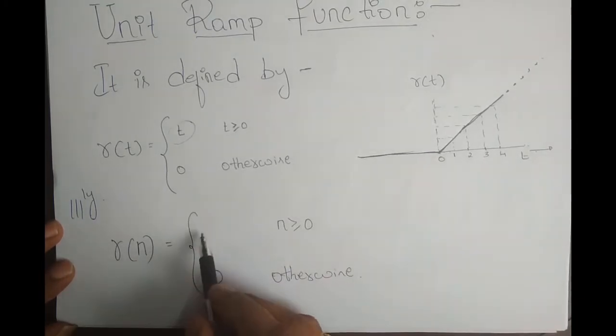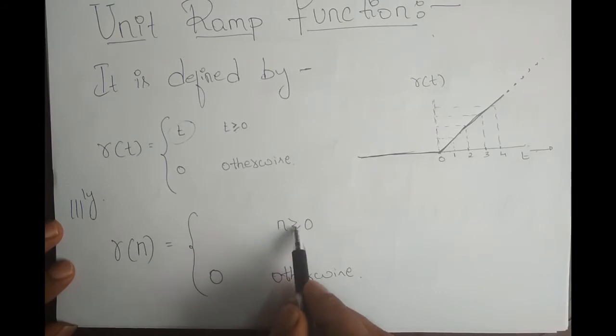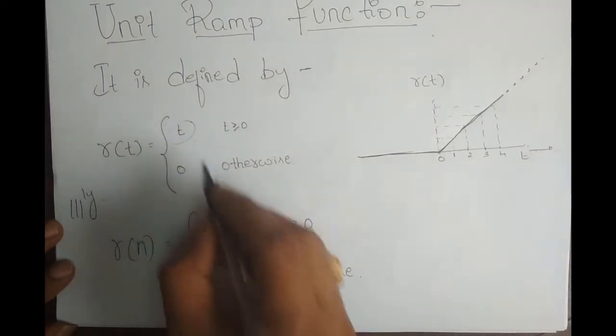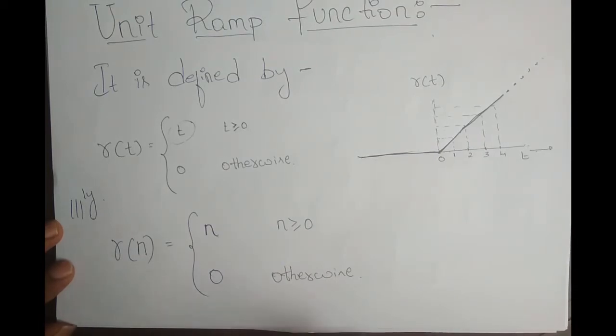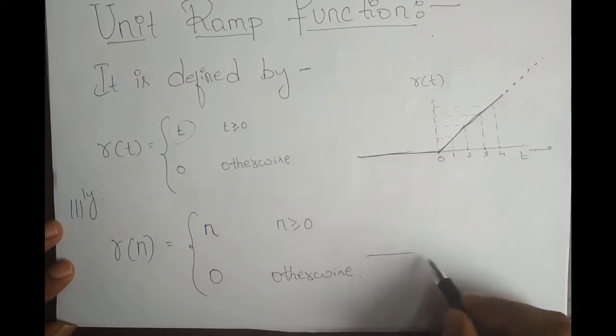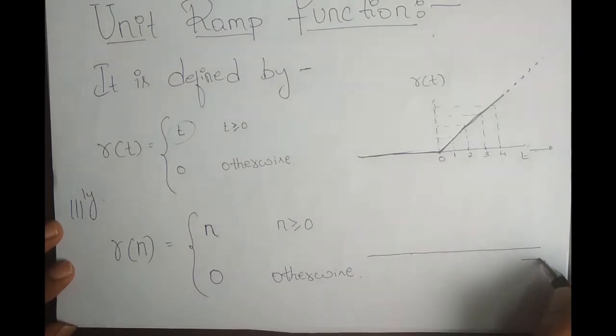But what is the amplitude for n greater than or equal to 0? Here it was t, so here it has to be n, small letter n.